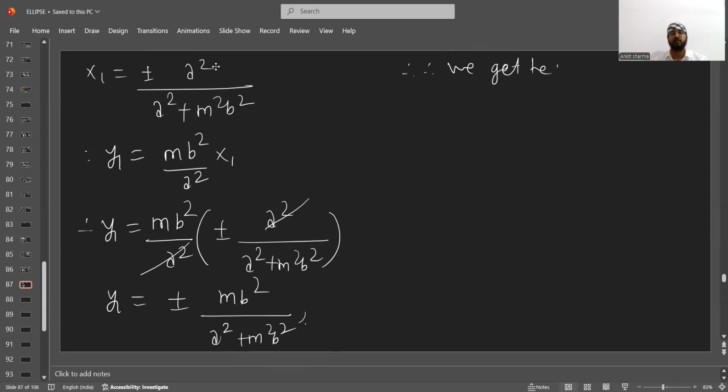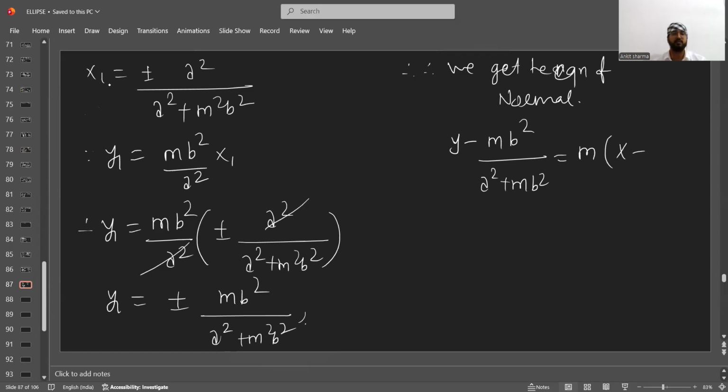So we get the equation of normal from here. We already have x1, y1, we also have the slope. Bracket y minus y1, which is m b square by the square root of a square plus m square b square, is equal to m into x minus x1, which is a square over the square root of a square plus m square b square.